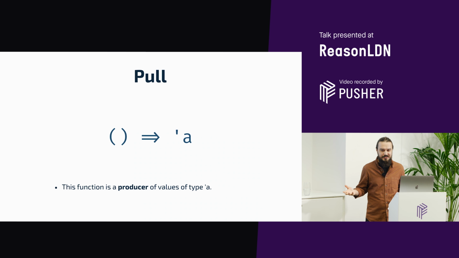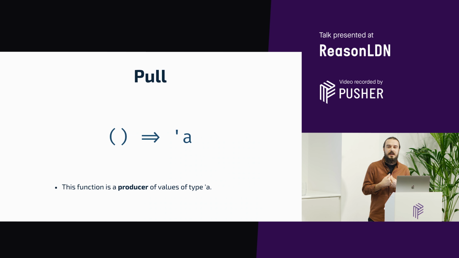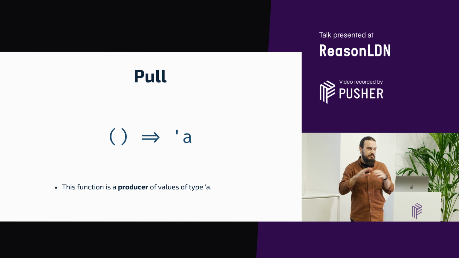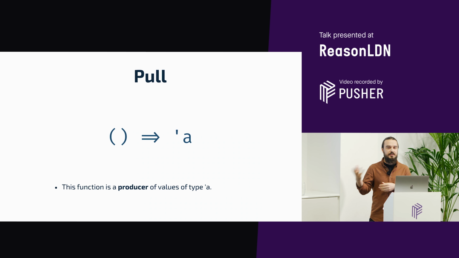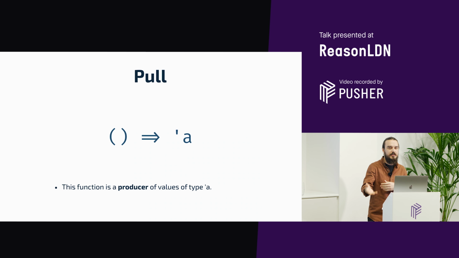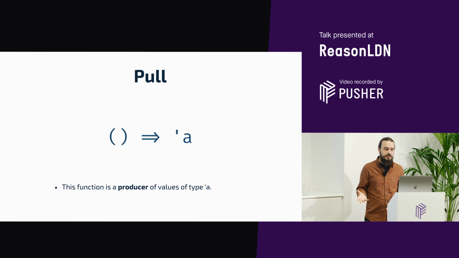How can we say that it's done? When I, the consumer, don't need any more values, I can just stop calling this function and I'm done. But what if the iterator terminates because we exhausted the collection, or maybe because we're reading lines from the standard input and we got end of file or something like that? So how can we say that it stopped?